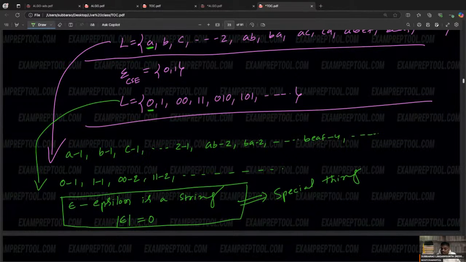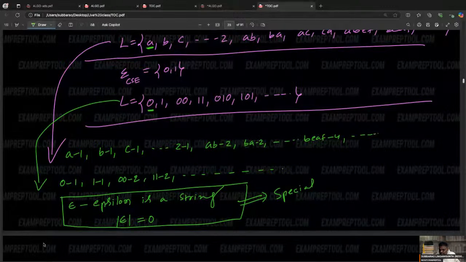Remember, it is a special string. Otherwise, how is zero length possible? It is like there is a kid whose weight is 0. Some people are asking, sir, is he a ghost? Epsilon is a ghost, maybe. Otherwise, how can you say there is a kid whose weight is 0?